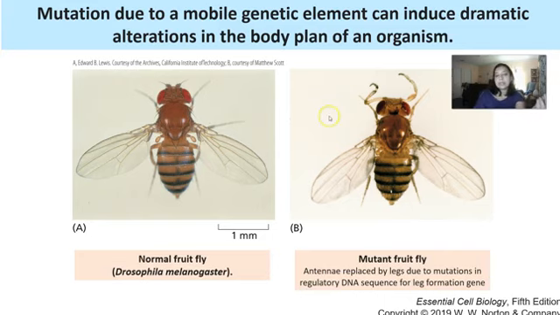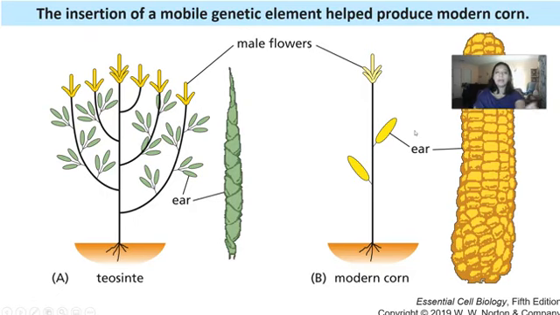So here in this particular example, using Drosophila melanogaster, because of the jumping gene in their mobile genetic element, this normal fruit fly, which has a typical body plan, can end up with progeny, if the mutation is just right, that replaces the antennas with legs, just because the regulatory DNA sequence for leg formation got activated when the antenna was supposed to be, due to movement of the mobile genetic elements or the transposon that was present there.